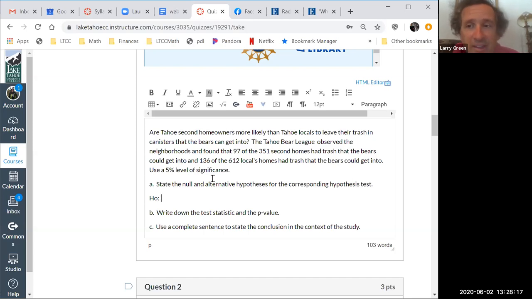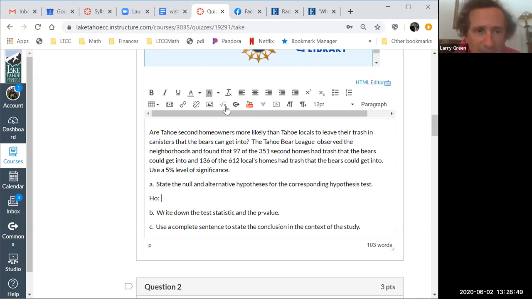Now what we have to decide is what letter we use to represent the variable. The key on this one is, what's the survey question? The letter is P, because the survey question is, did you leave the trash out for bears to get to? And it's yes or no. It's not just P, there are actually two different populations.